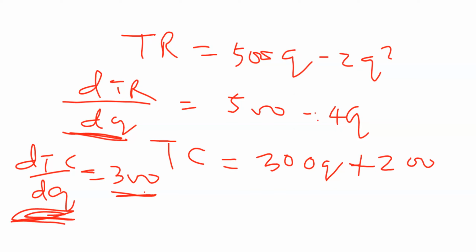Slot in 50, and whatsoever you get is the maximum profit. Just like when we are differentiating Y and we get X, we substitute. After substituting, if it's positive, we know it's a maximum. If it's negative, we know it's a minimum.